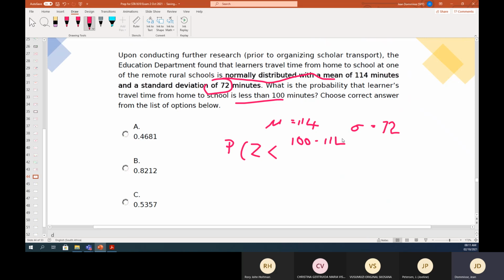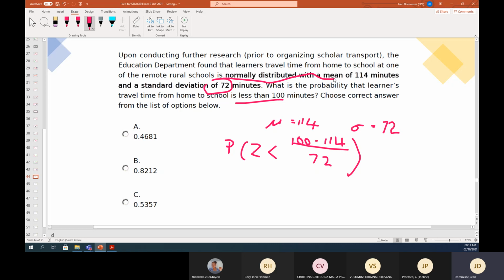The one other important thing in this one is to be very careful in the exam, in a question where they use minutes, that they don't ask you to work out, say, less than 2 hours or something like that.